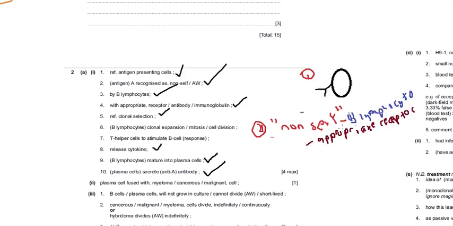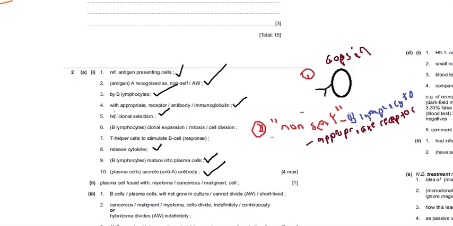So the first part is identified, and then the antigen goes in. It is identified as non-self by the B lymphocyte through the appropriate receptor.